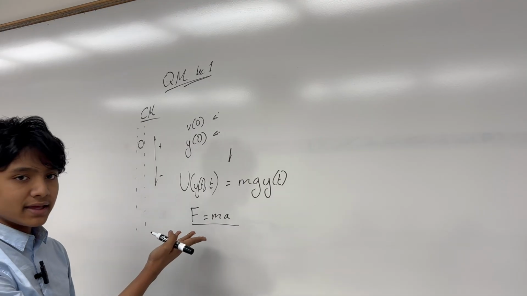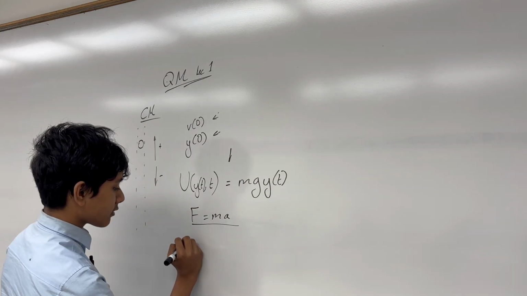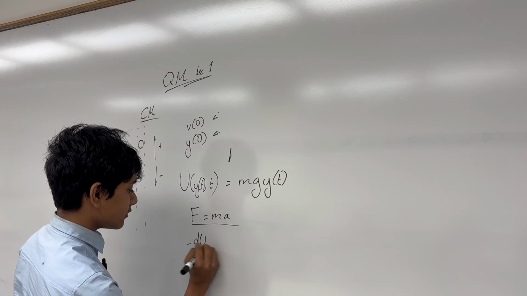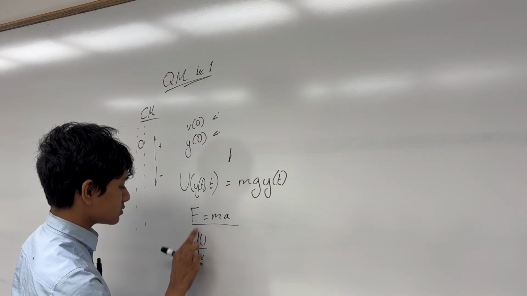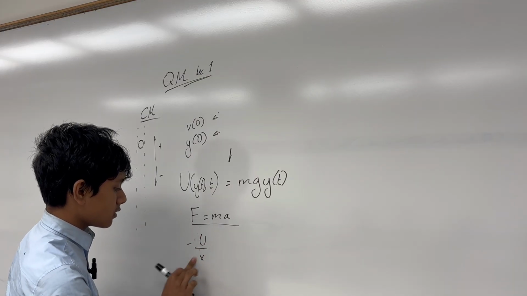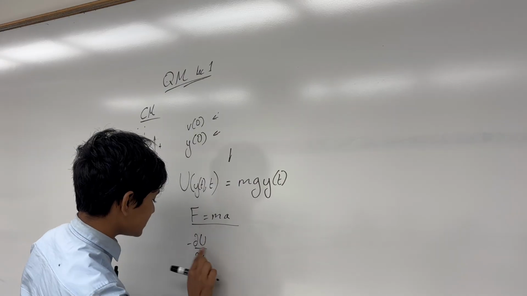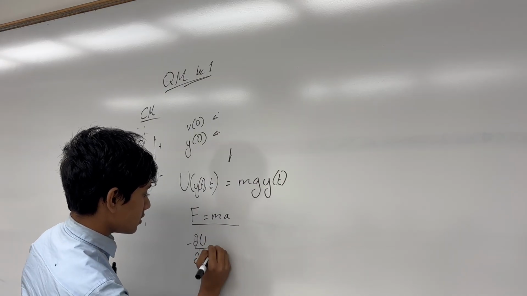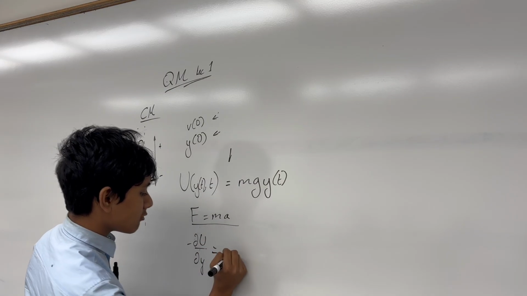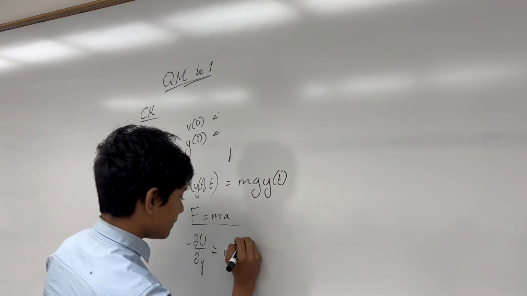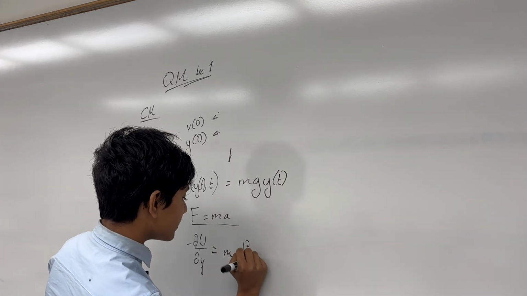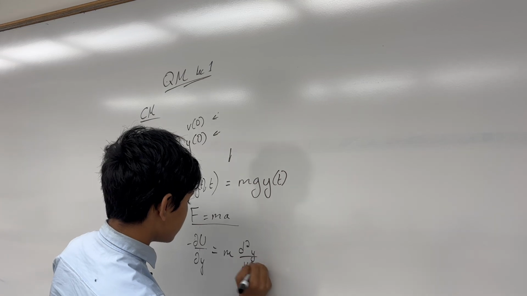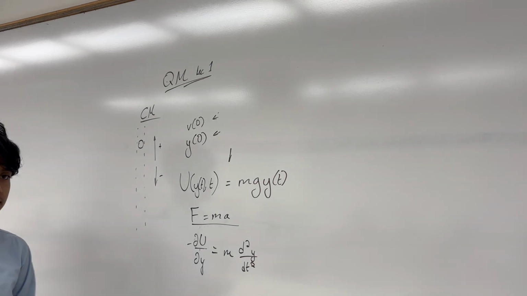F equals ma. What is F? The negative of the derivative of the potential with respect to distance. What's this side? Well, it's the mass multiplied by the double derivative of position with respect to time.